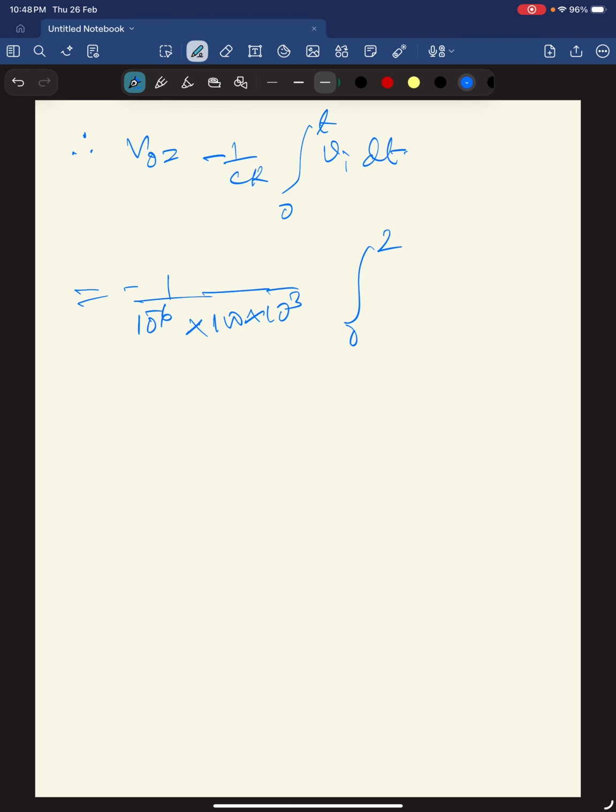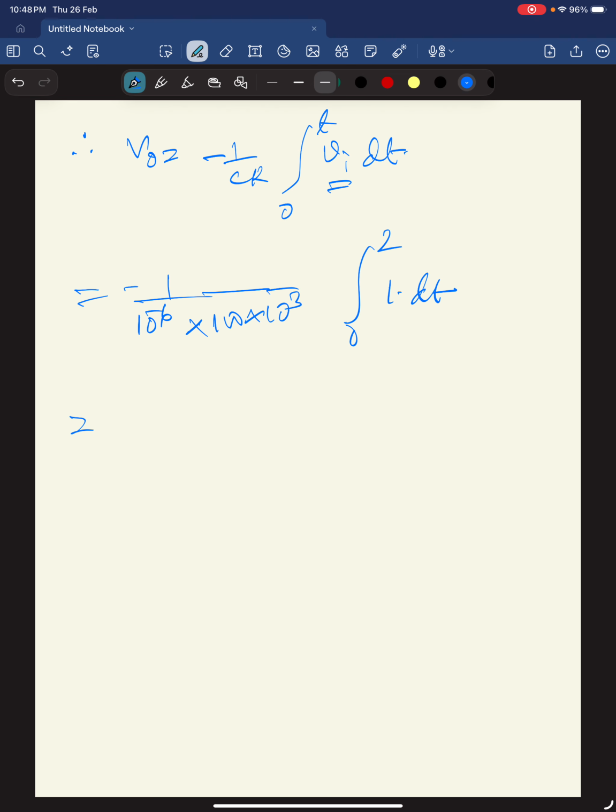Now, as per the formula of the integrator circuit, V0 is equal to minus 1 by CR integral 0 to T Vi dt. So C is equal to 1 microfarad, 10 to the power minus 6 farad, R is 100 kilo ohms, 100 into 10 to the power 3 ohms. Then integration 0 to 2, Vi is 1 volt, so 1 into dt.